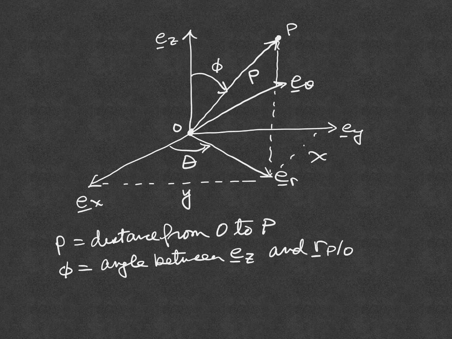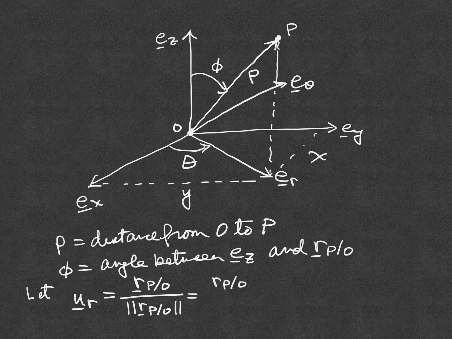So now I'm going to define two new vectors. Let UR equal the position of P relative to O divided by its magnitude, which is just the position of P relative to O divided by rho, the way I had it. And the vector u theta is going to equal e theta. So I'm just going to set that equal to e sub theta.